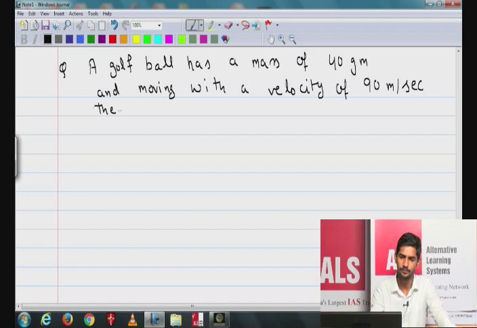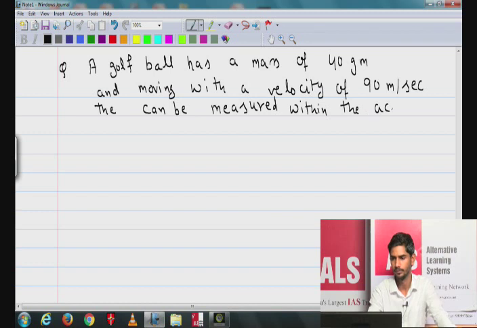The speed can be measured within the accuracy of, let's say, 20%.